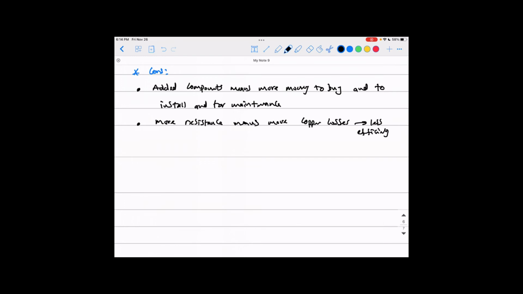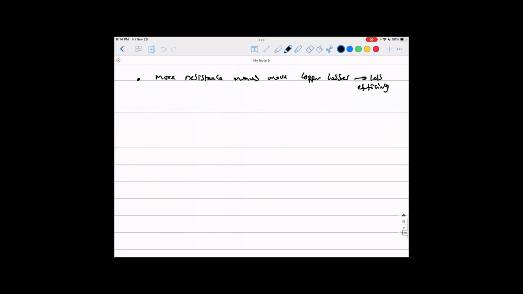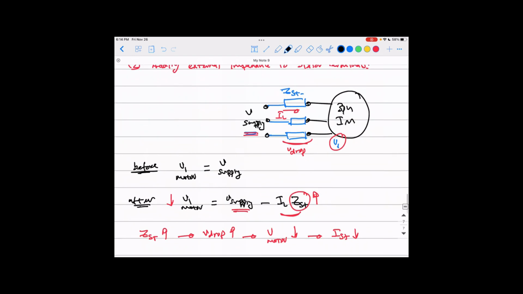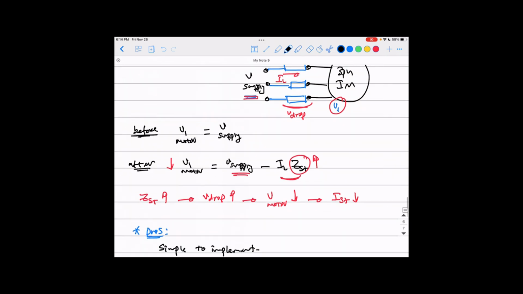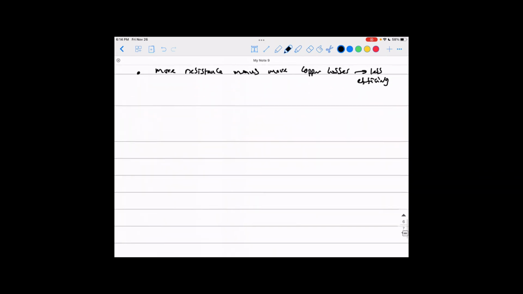Not efficiency of the motor itself, because you have an external thing, but the total efficiency of the total system will be reduced, because you'll have in total higher copper losses, because you have this Z impedance out there. The Z impedance is basically a resistance and inductance, or even just resistance without inductance. So anyway, you will have a resistance, and this will have copper losses. Okay, guys?